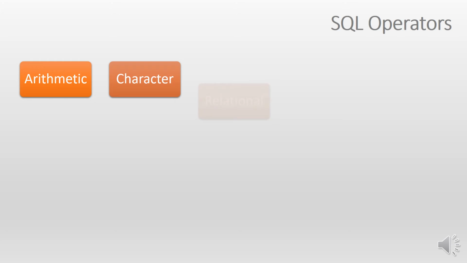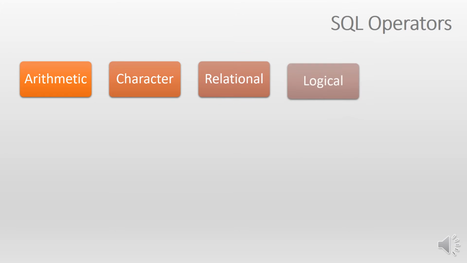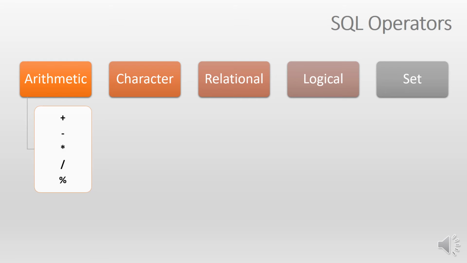SQL provides different operators which are broadly classified into arithmetic, character, relational, logical, and set operators. In arithmetic operators, plus, minus, asterisk, slash, percentage symbols are available, which is used for arithmetic operations such as addition, subtraction, multiplication, and division.